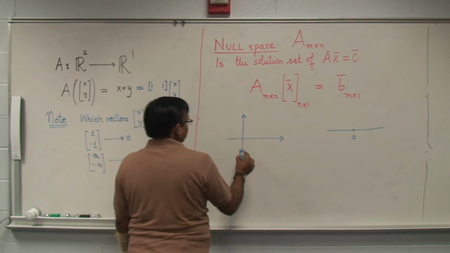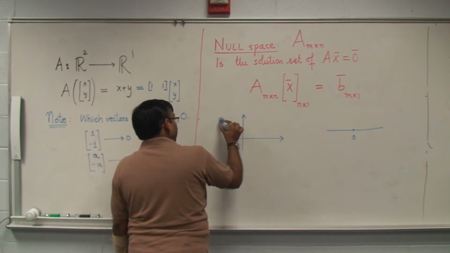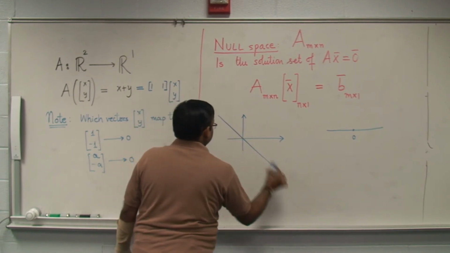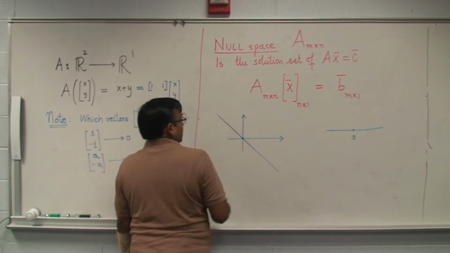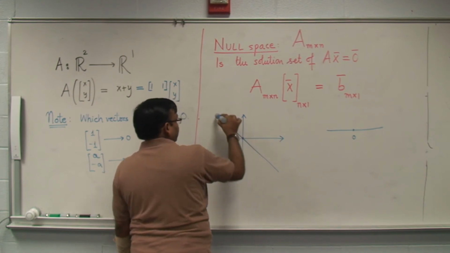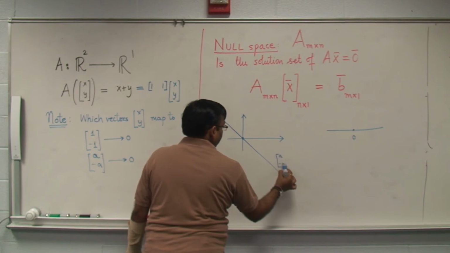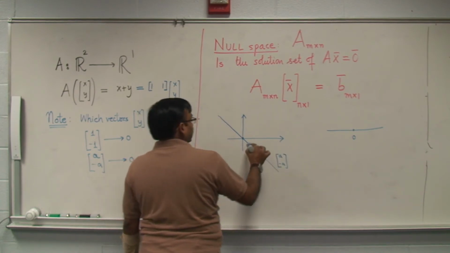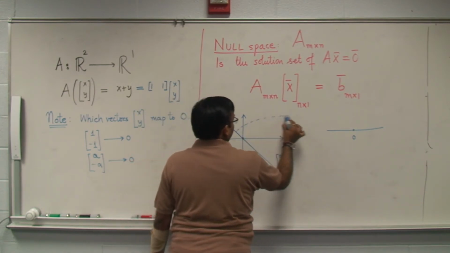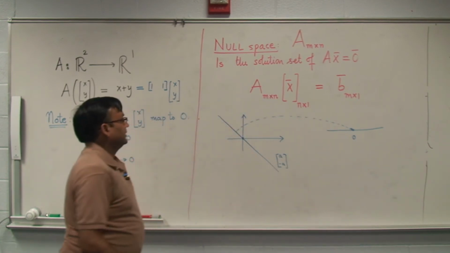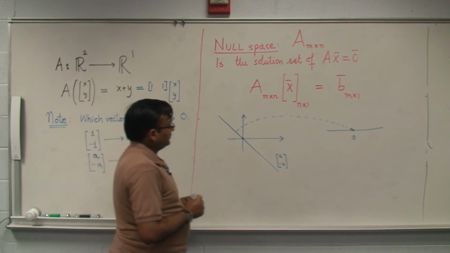So here is R2. I looked at 1, minus 1, then I looked at all vectors which lie on this straight line. All these vectors which lie on this line, a, minus a, are all getting mapped to 0. Anything which lies on that line is getting mapped to 0.